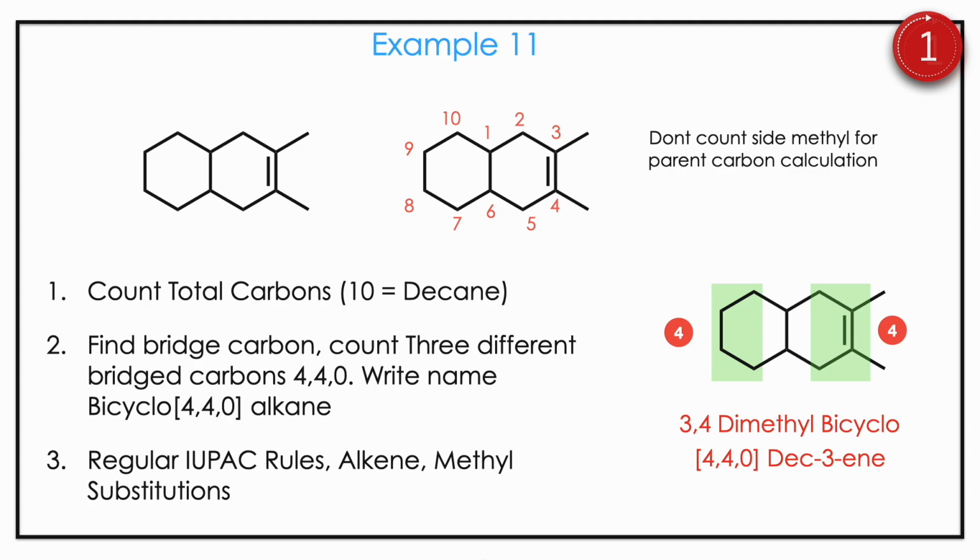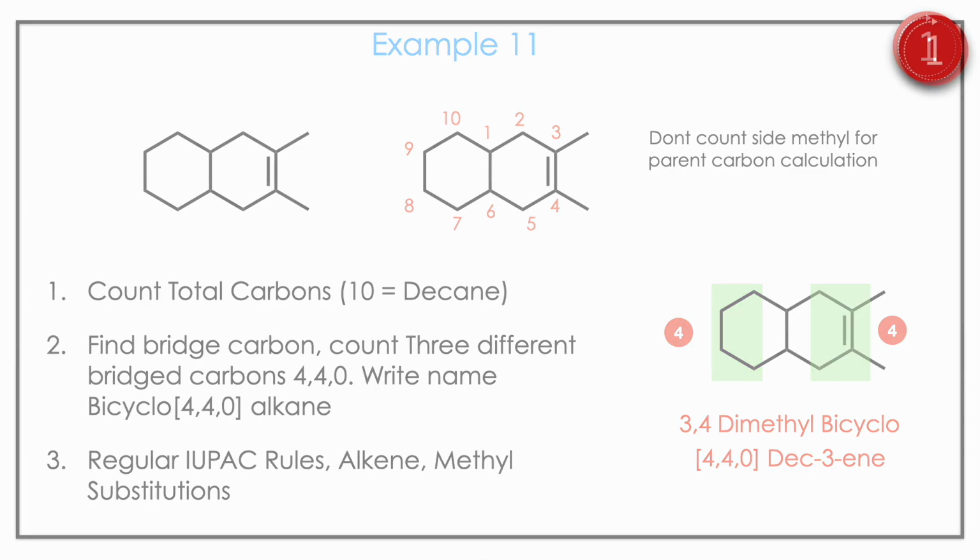Alkene in the third position. 3 and 4 will be the methyl groups. You should specify methyl. So 3,4-dimethylbicyclo 4,4,0 dec-3-ene. Normal nomenclature will apply. Alkene gets priority. Mostly it will come as the suffix. So dec-3-ene will be the proper nomenclature. So whenever an alkene comes, it should properly be mentioned as the suffix.